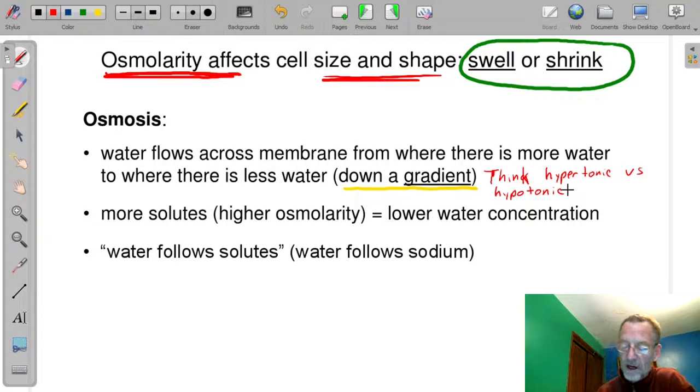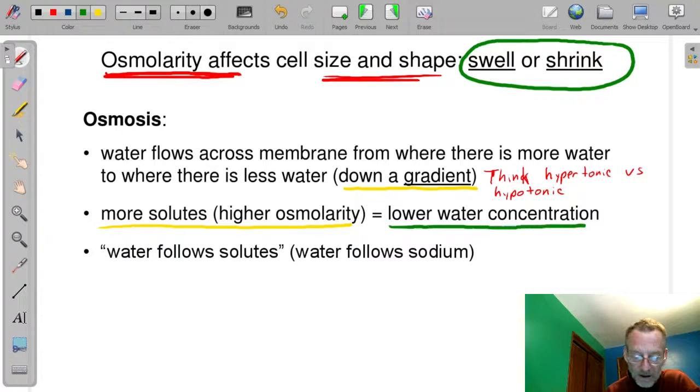It flows toward the higher solute concentration, which is also the lower water concentration. So water always flows toward the hypertonic solution. Okay. More solutes, higher osmolarity. That's what we did in the previous slide. More solutes, higher osmolarity, lower water concentration, and we just talked about how water follows solutes. Water follows sodium.